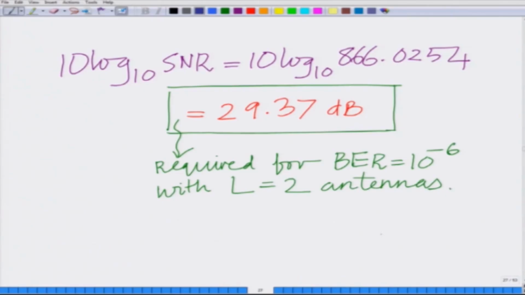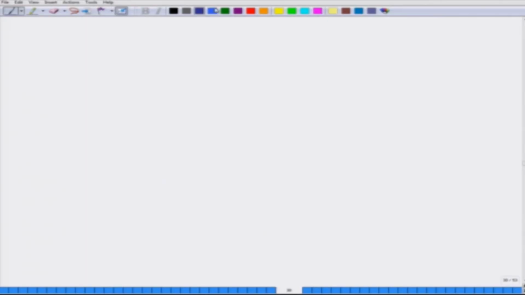And now when we go back, what we are seeing in this wireless communication system with L equal to 2 antennas is that the SNR in dB that is required has again come down slightly, it has come down to 30 dB.